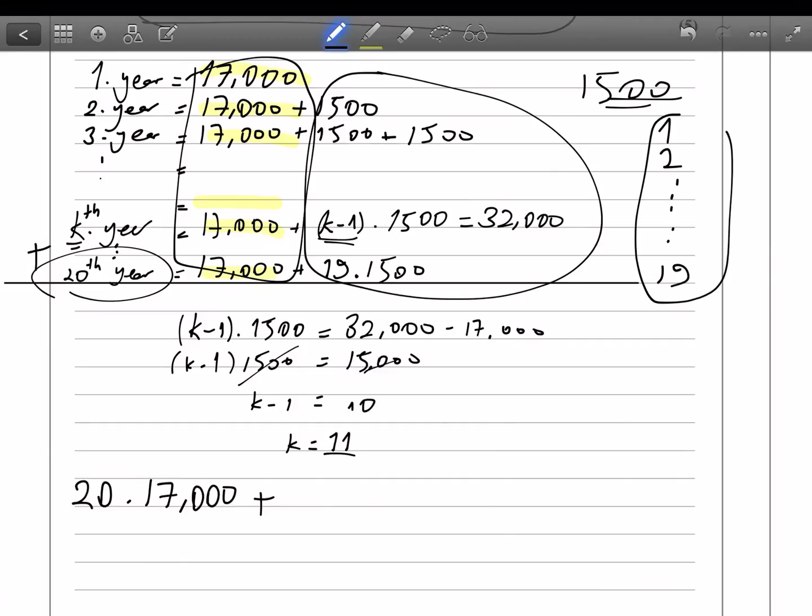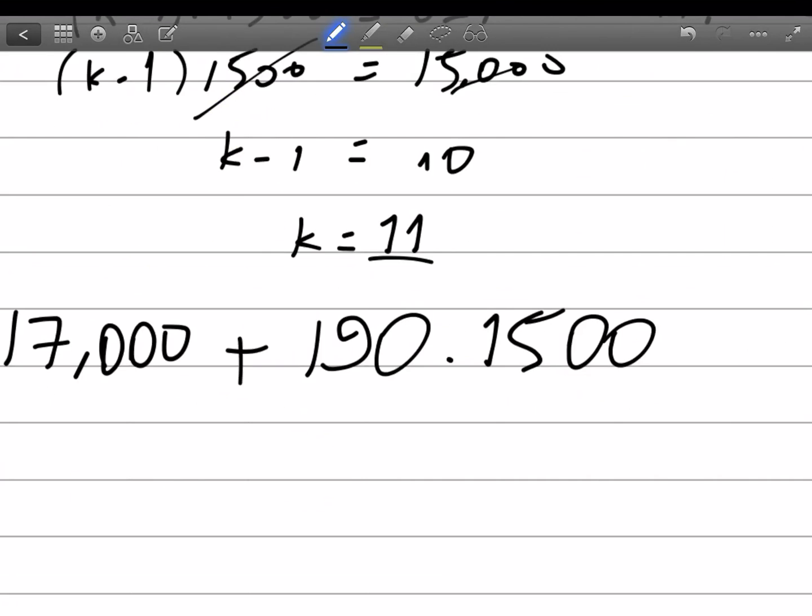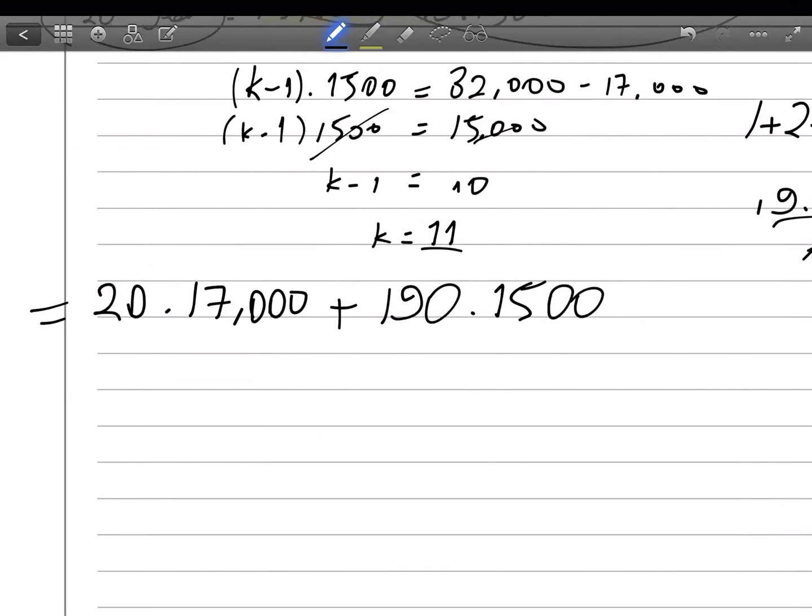What is the total number of this one? It means 1 plus 2 plus up to 19. That will be 19 times 20 over 2. We have 190 times 1,500. That will be the total amount of this girl.